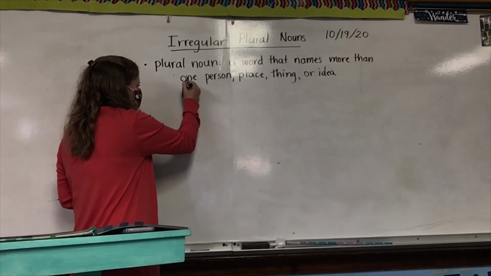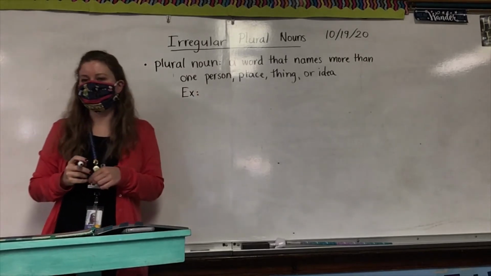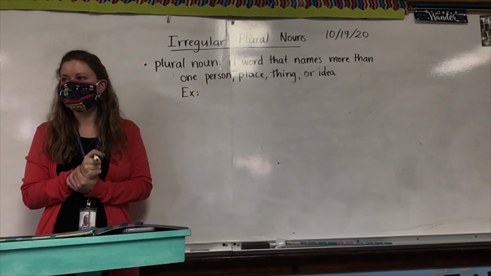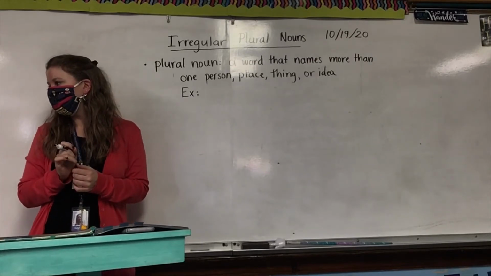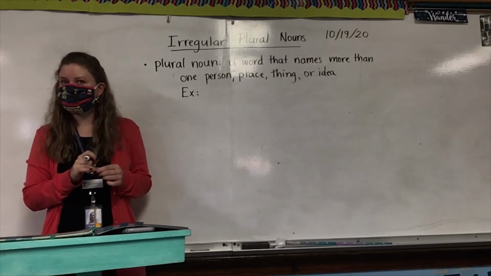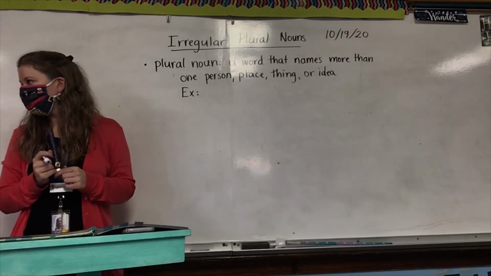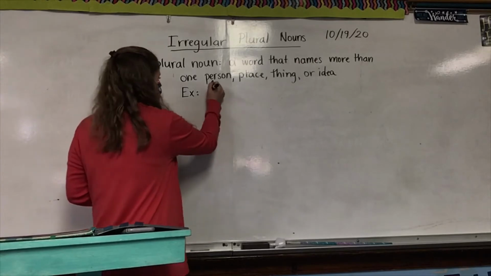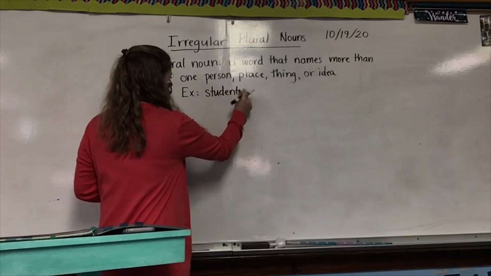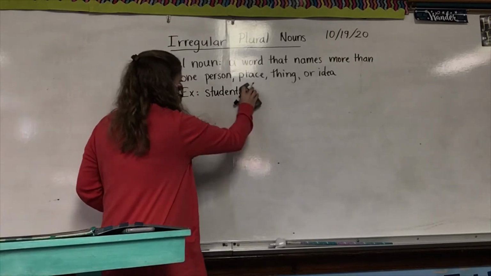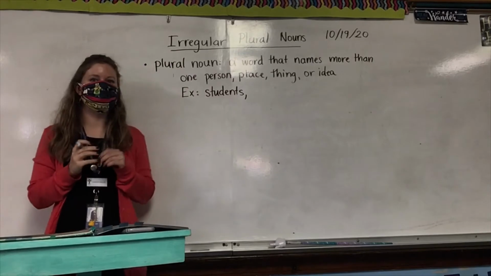For example, you can give me an example from the other day, or from a couple weeks ago. Aaron, give me one. So students. Students is an example because we're talking about more than one student.